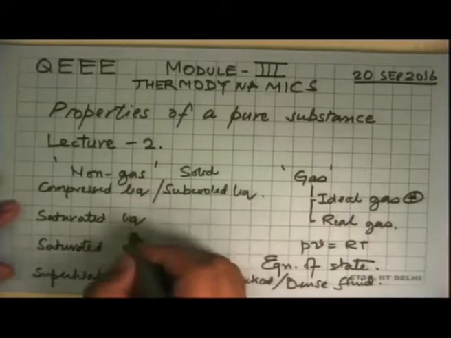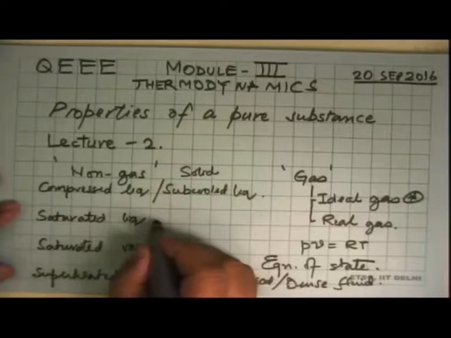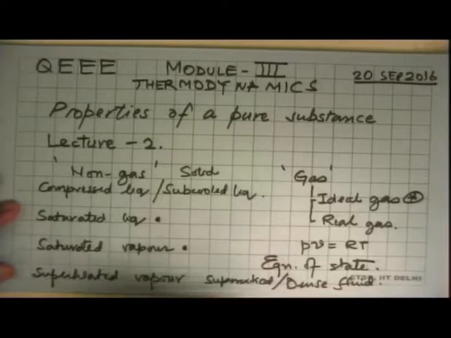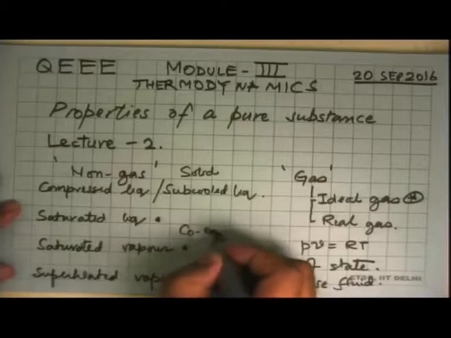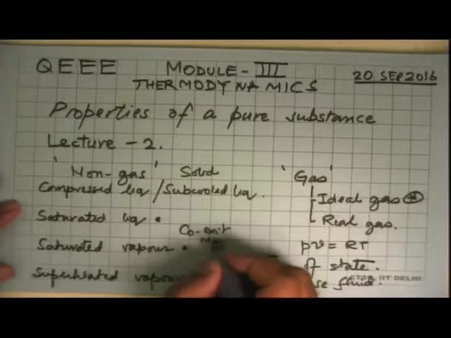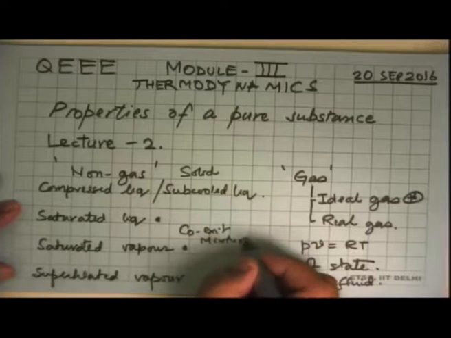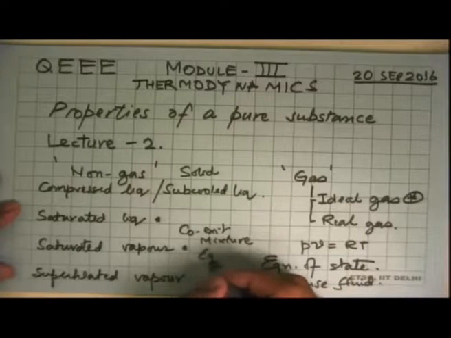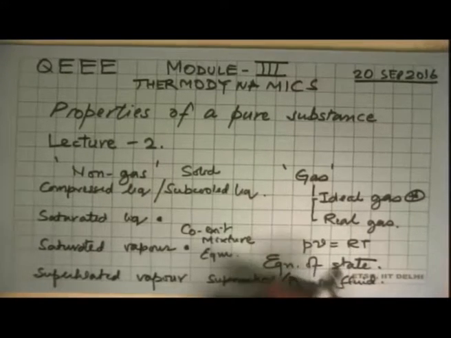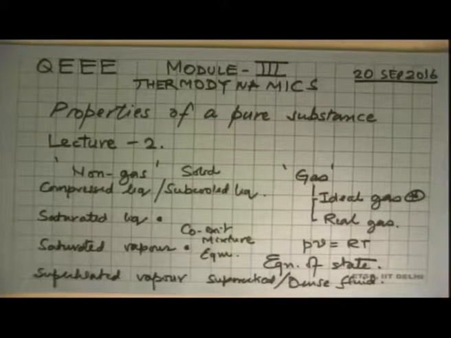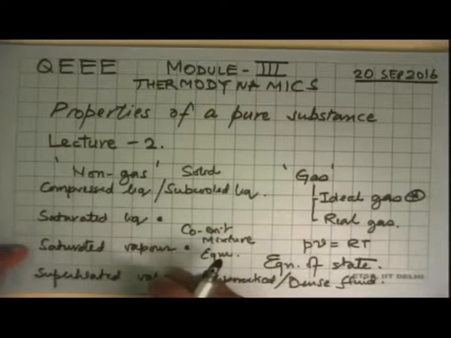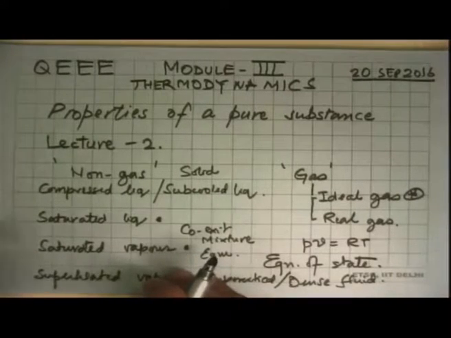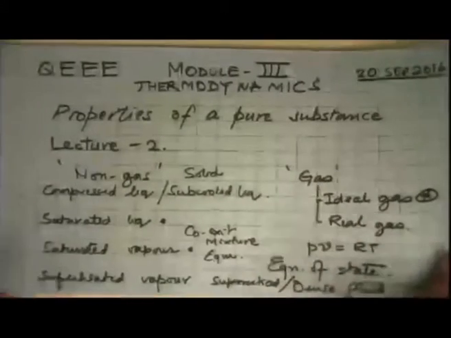Then we came across the fact that the saturated liquid and saturated vapor can coexist as a phase mixture in equilibrium. So any mass fraction of liquid and vapor, if it corresponds to the saturated state, will be there in equilibrium.